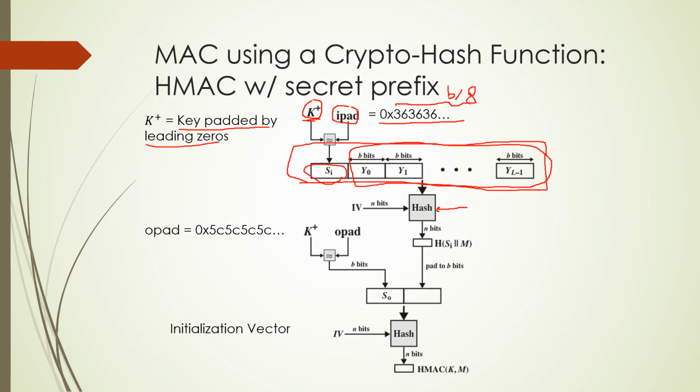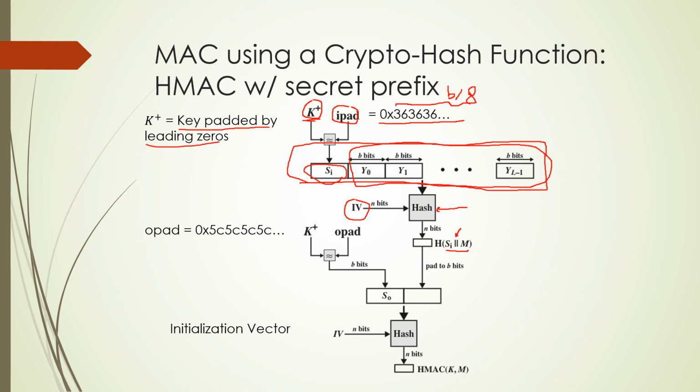And almost all of the hash functions need some nonce or some random number like this. Initialization vector is the name that we give to this constant value that the hash function needs. And the hash function will generate a digest for Si and M, where M is your message, and the two vertical lines show the concatenation.